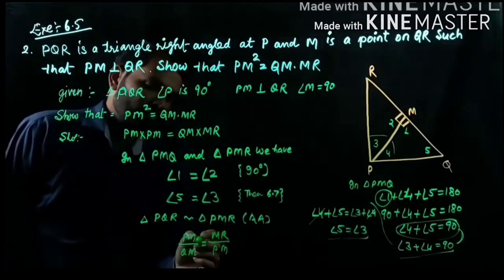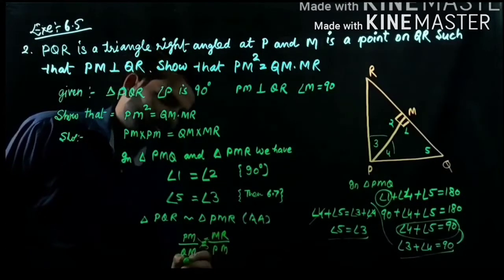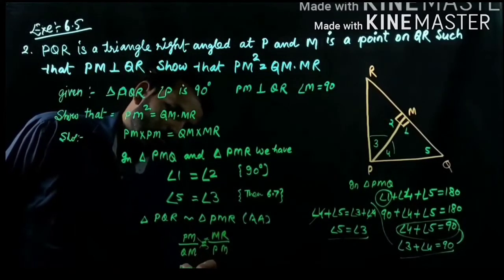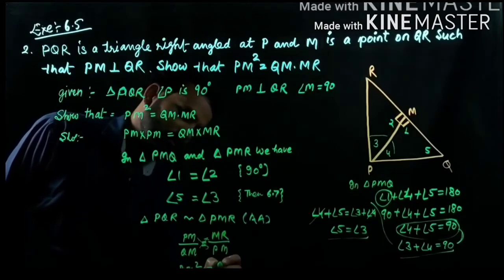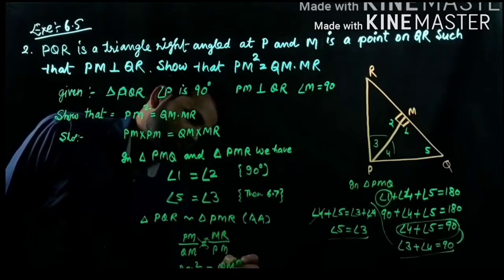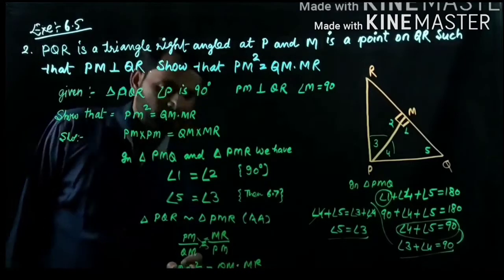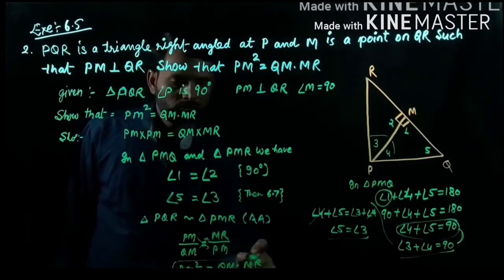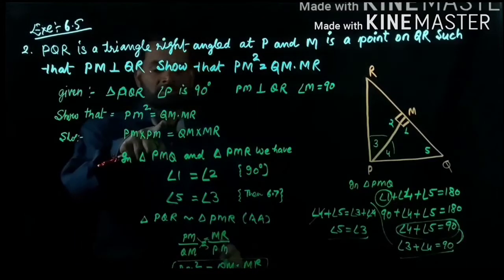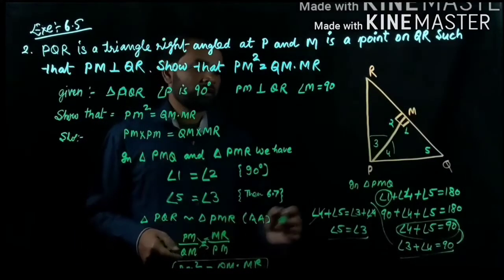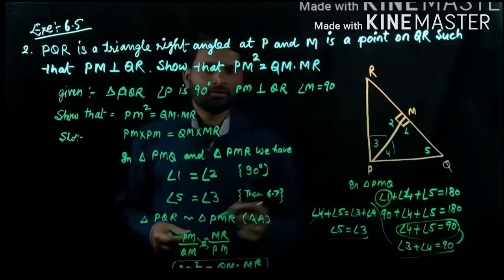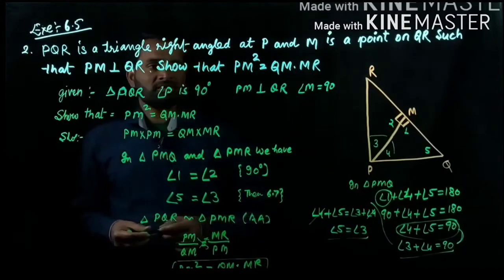After cross multiplication you write PM square is equal to QM into MR. This is the proof. This is a very important calculation, and theorem 6.7 is asked.